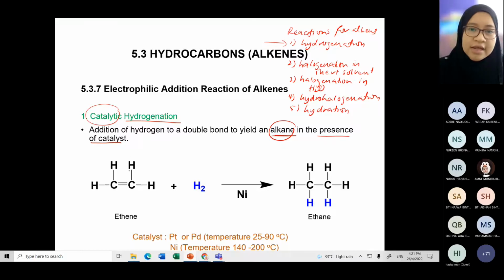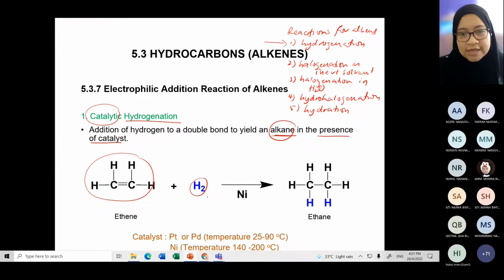Since this is a reaction of alkene, we start with the alkene, react it with hydrogen gas in the presence of a catalyst. In this case, nickel is one of the catalysts commonly used in hydrogenation reactions. It will produce ethane.